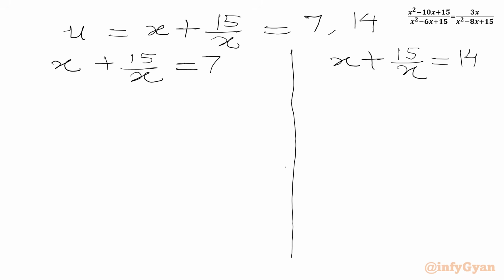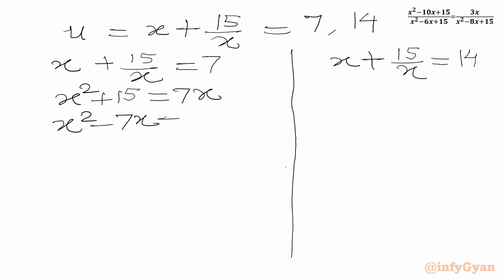Now we will multiply both sides by x and write x square plus 15 equal to 7x, or x square minus 7x plus 15 equal to 0.